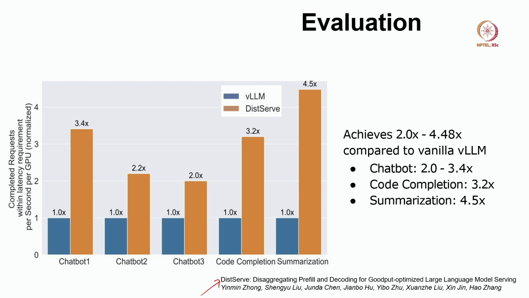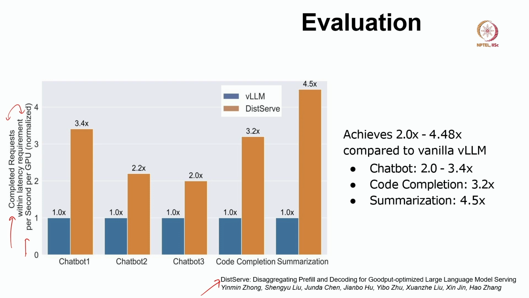Anyway, going back to the topic, let's see the completed requests within the latency requirement per second per GPU between vLLM and DistServe. Whenever we say completed requests within latency requirement, that's the service level objective. In this case, the service level objective is latency, maybe the total latency.